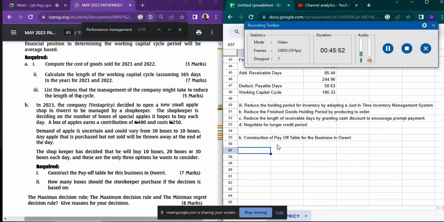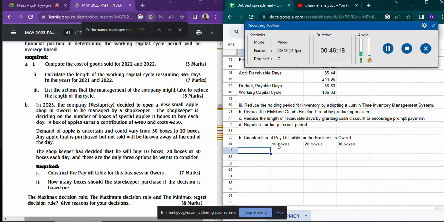He has the opportunity to sell. So he could sell 10 boxes, he could sell 20 boxes, and he could sell 30 boxes.